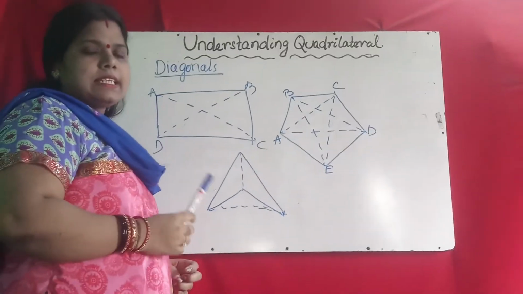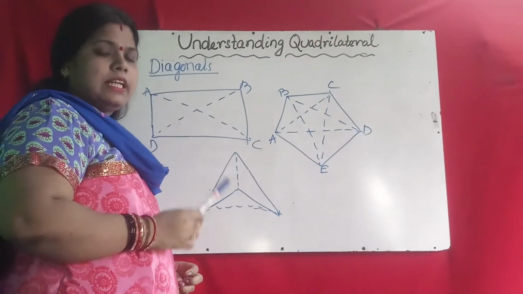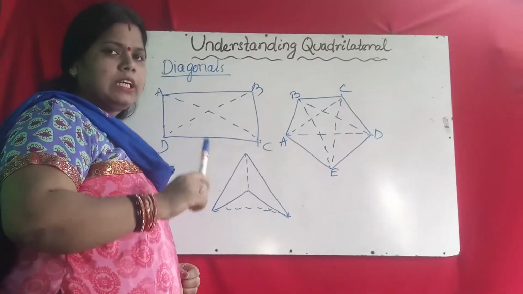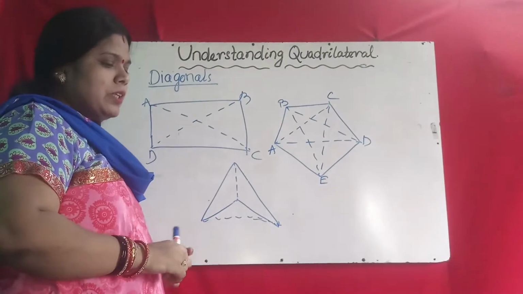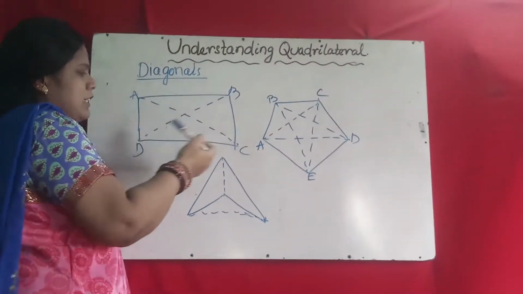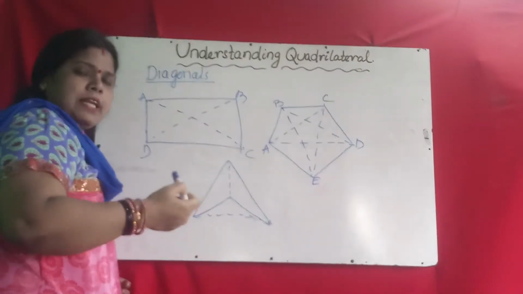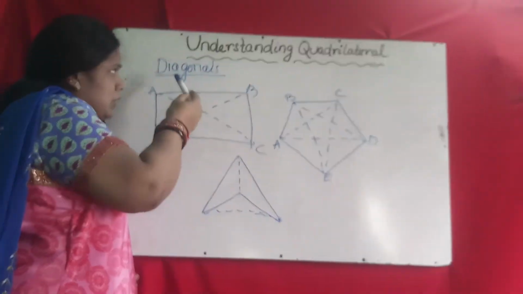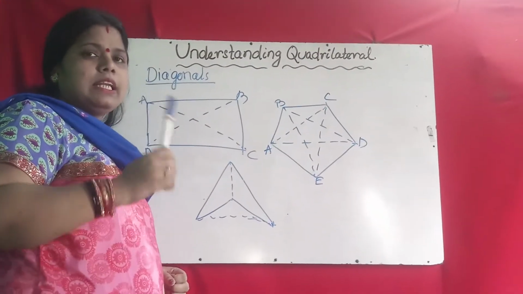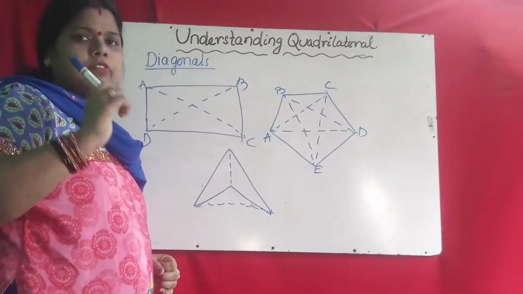The line segment joining the non-consecutive points. The points A, B, C, D are the vertices of the polygon. So diagonals mean the line segments joining the non-consecutive vertices.